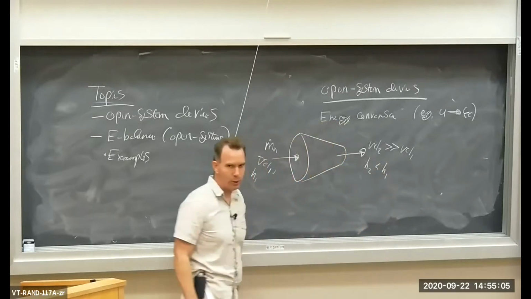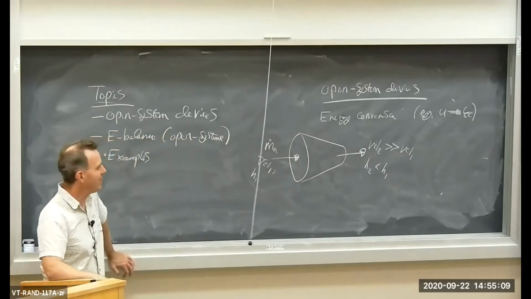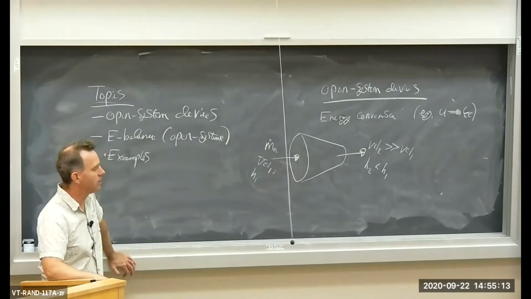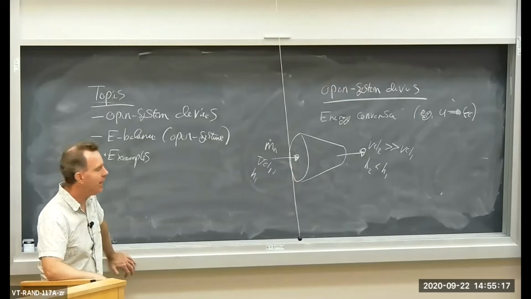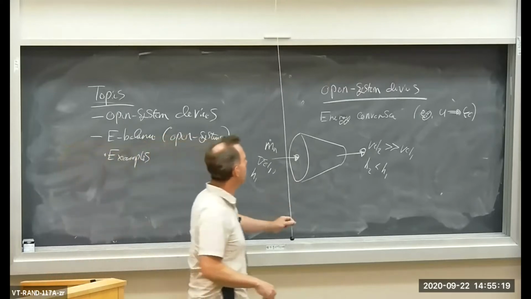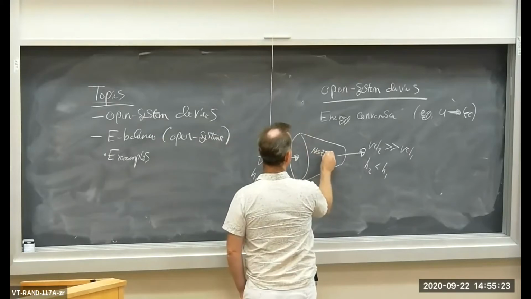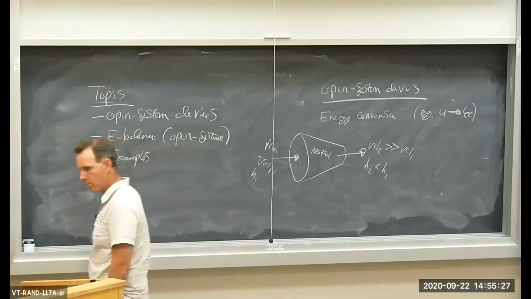We're converting pressure work and internal energy into kinetic energy. The velocity of the flow at the outlet is greater than the velocity at the inlet. So we're increasing the kinetic energy of the flow across this device. This is called a nozzle. A nozzle, okay? So we have a nozzle.